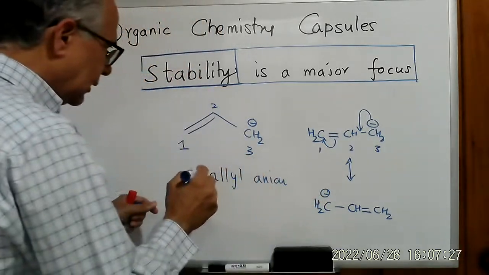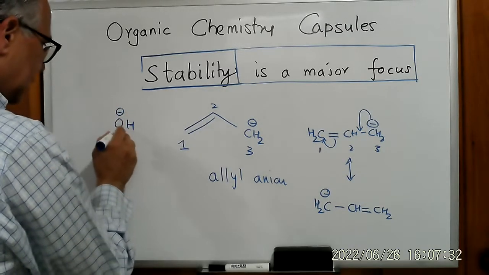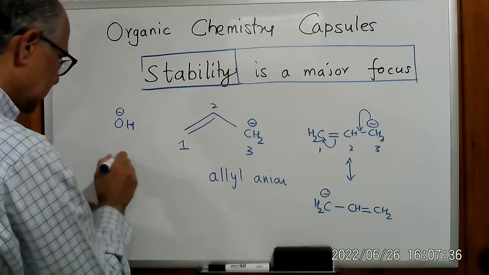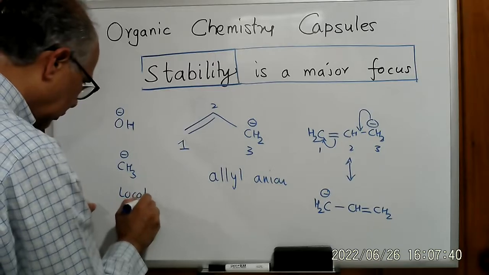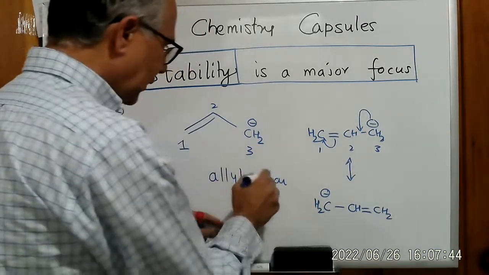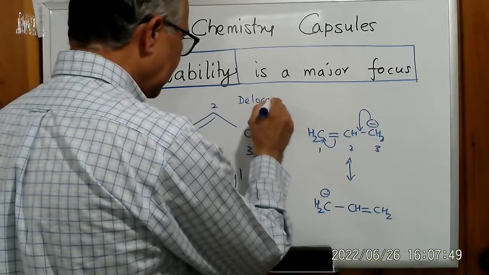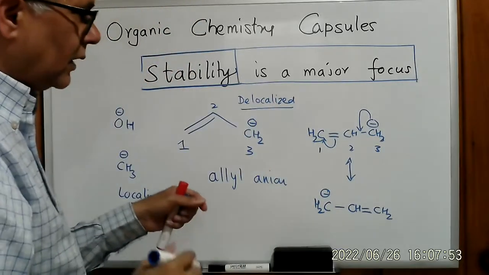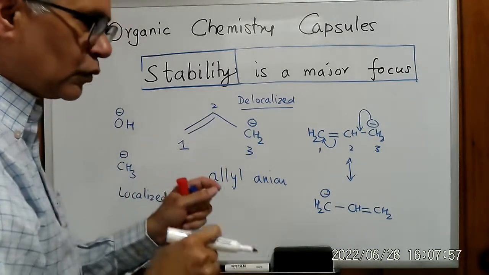If you take an example like OH minus, the negative charge is localized on the oxygen. If you take CH3 minus, the negative charge is localized on the carbon. But in the case of allyl anion, the negative charge is delocalized, spread out. Whenever the negative charge is spread out, the ion becomes more stable.